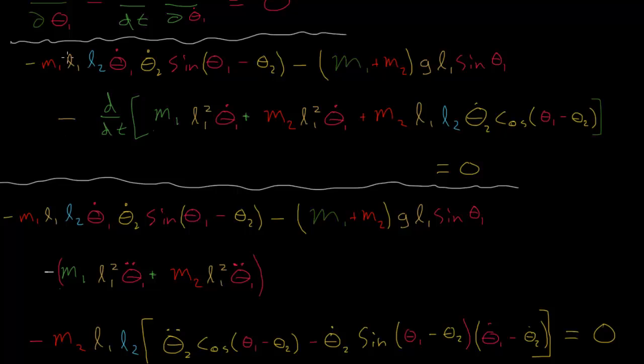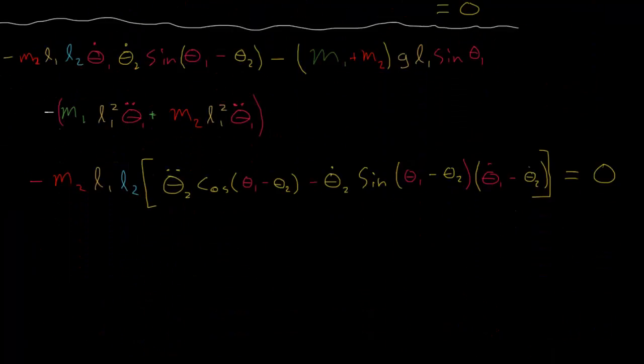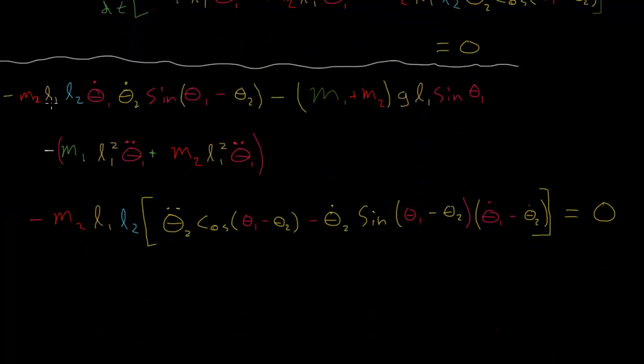So this is M2. Right, these do cancel. So M2, L1, L2. M2, L1, L2. Then there's this term with theta 1 dot times theta 2 dot times the sine of the difference. Well, here's a term with theta 1 dot, theta 2 dot, and the sine of the difference. So this actually cancels with this.